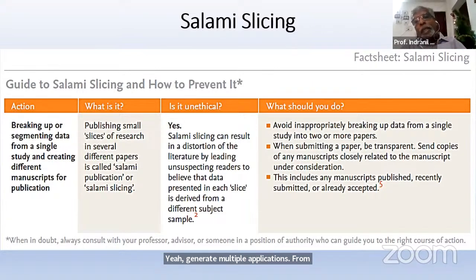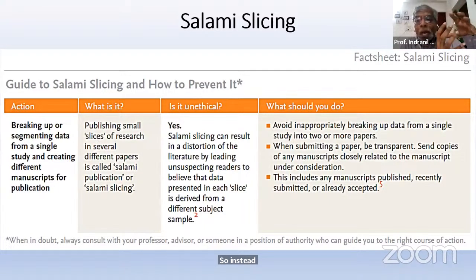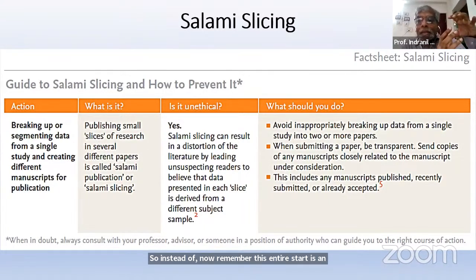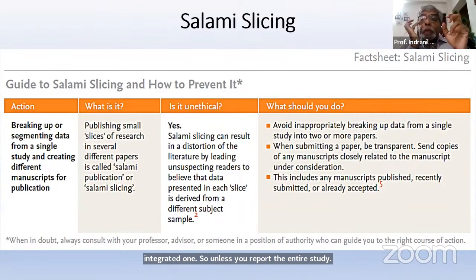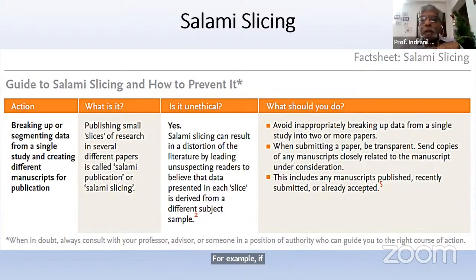Now remember, this entire study is an integrated one. So unless you report the entire study, not much meaning will accrue from it. For example, going back to yesterday's example, I am trying to find out what was the impact of the pandemic-induced lockdown on the general economy of the country.